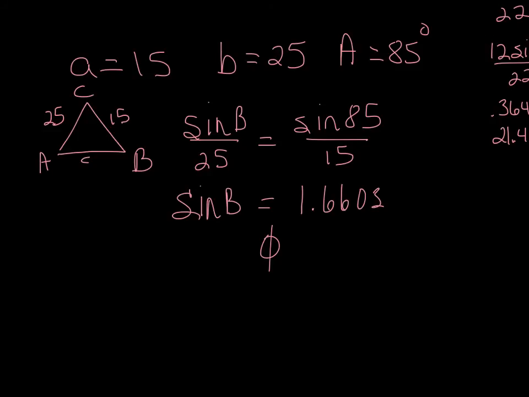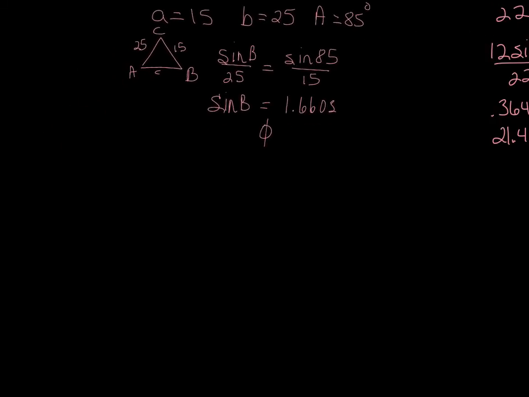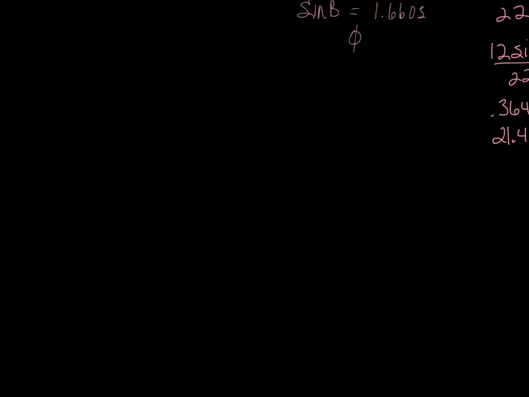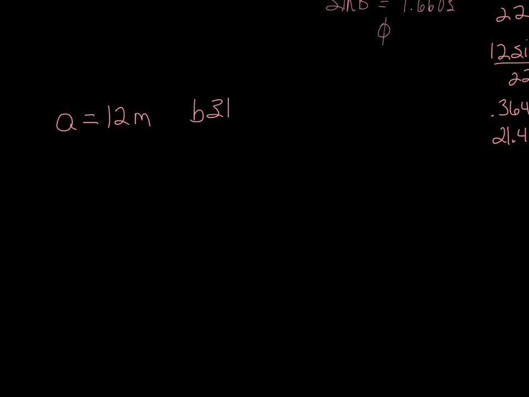Okay, and I think probably before lunch we have time to do a 2-solution triangle. Side A is 12 meters. Side B is 31 meters. And angle A is 20.5 degrees.